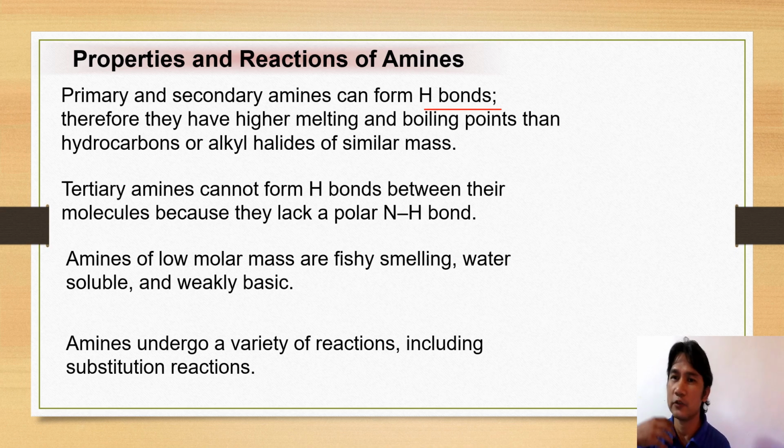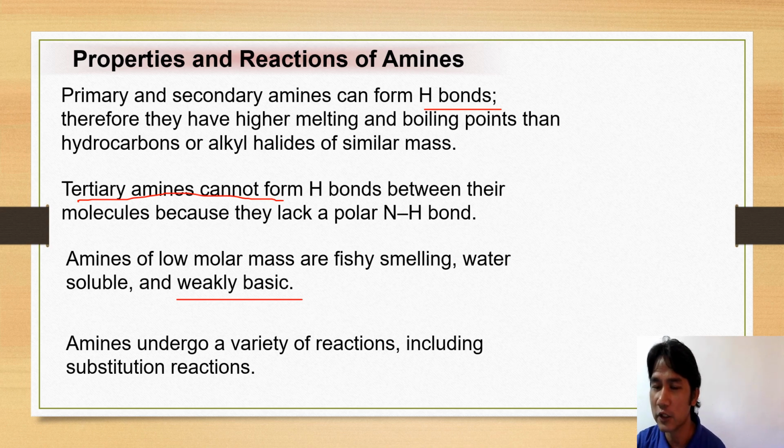Tertiary amines cannot form hydrogen bonds. That's why they have lower melting point, they have lower boiling point. And then amines of low molar mass are fishy smelling, water soluble, and weakly basic. The reason why they are basic is because of the presence of a pair of electrons on the nitrogen atom.